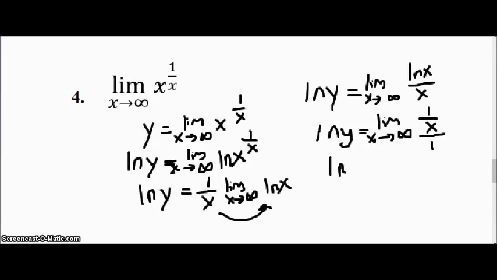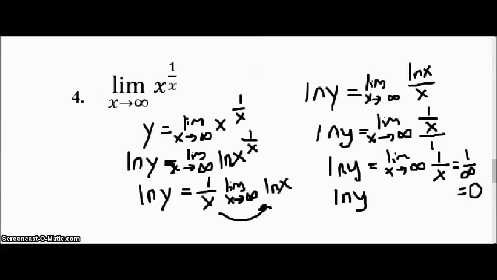Now we have the natural log of y is equal to the limit of x approaching infinity of 1 over x. And we all know that when you substitute infinity into 1 over infinity, you get something very small. So we have 0.